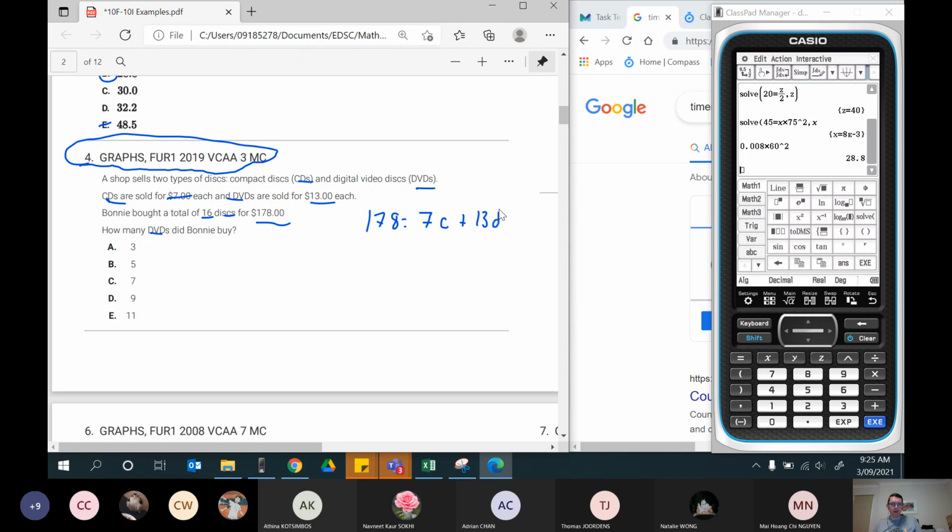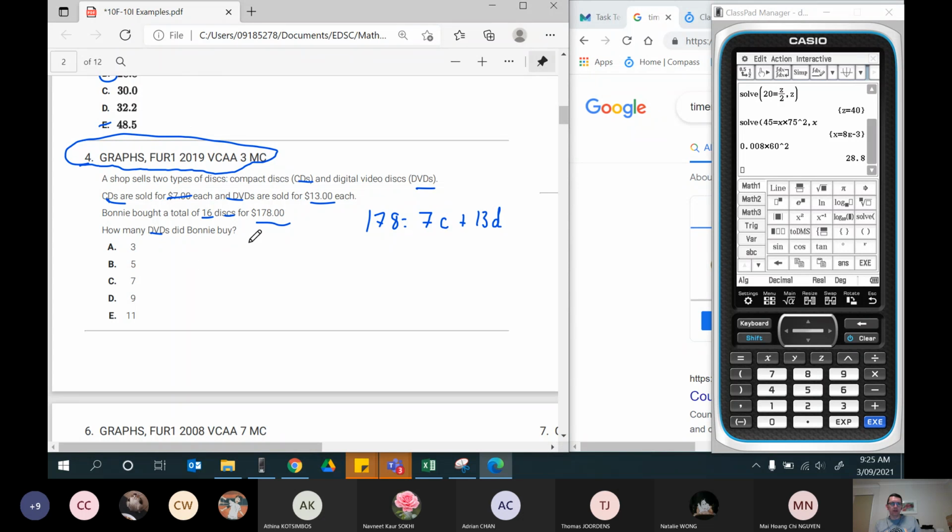So we're trying to find out how many DVDs Bonnie bought. It is a tricky one because it's quite hard to figure out the quantity that she bought for it to get there and be right.